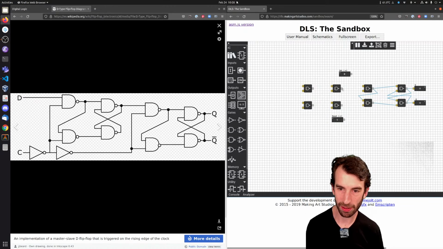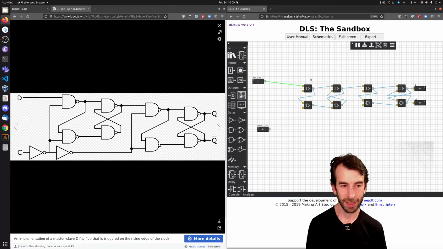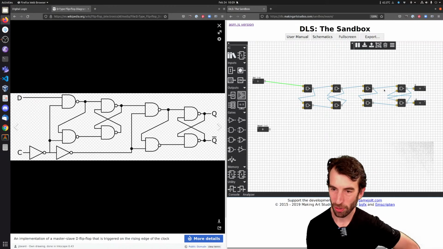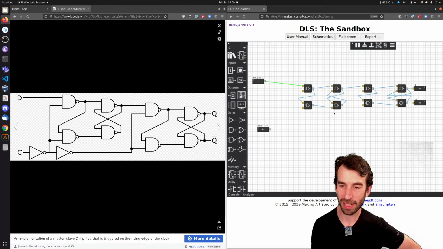So this one is another SR circuit. So now we've got our two, there's an SR latch, there's an SR latch.